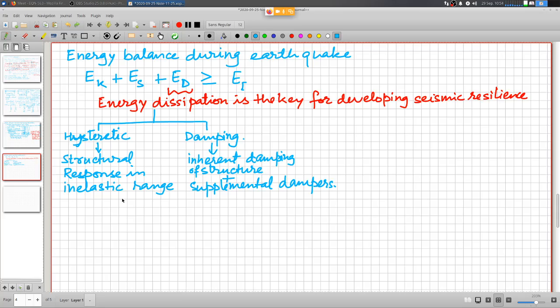So it is not economically viable to withstand all the earthquakes, even a design basis earthquake, whatever is the design basis earthquake we design. It is not economically viable to withstand that earthquake with elastic behavior.